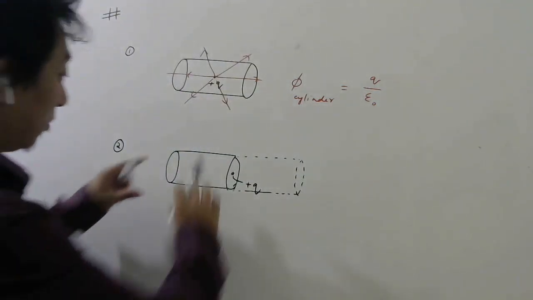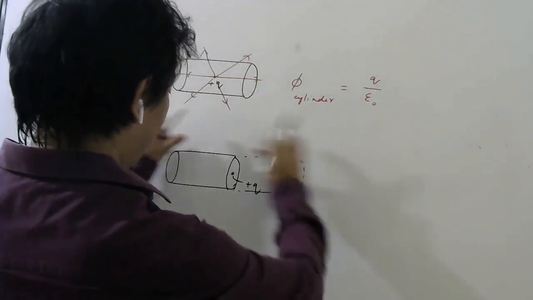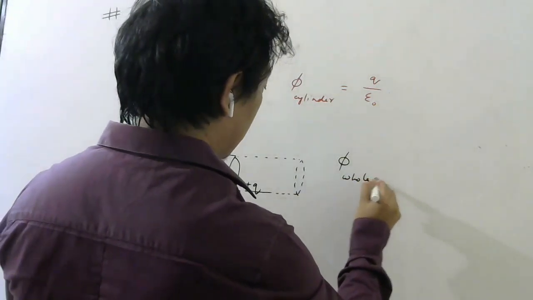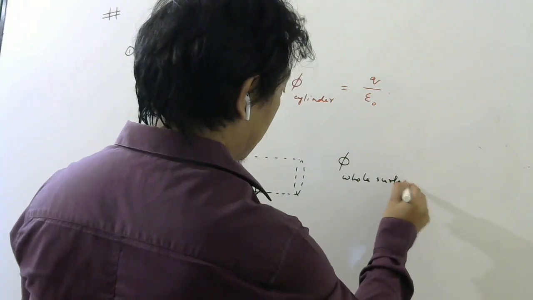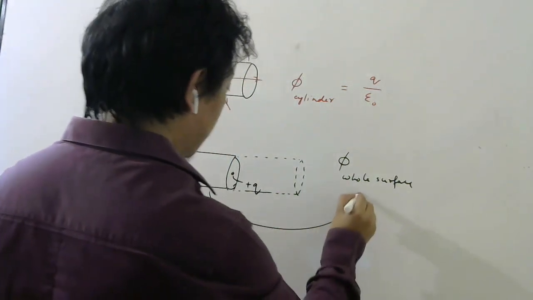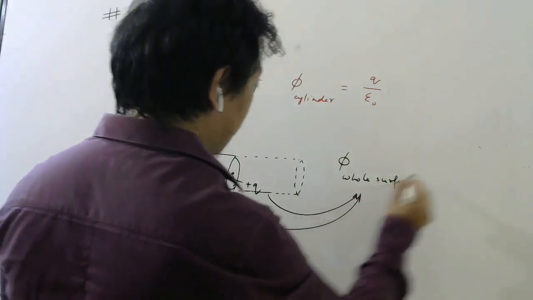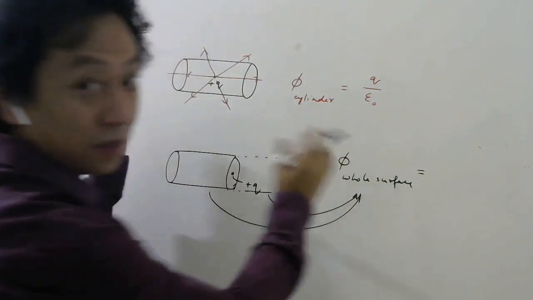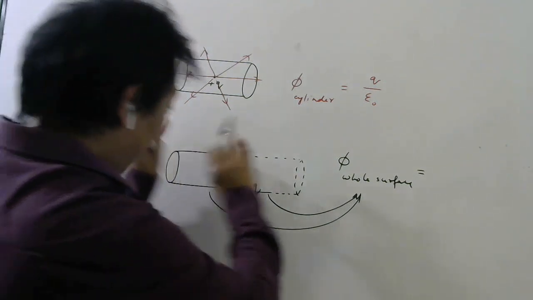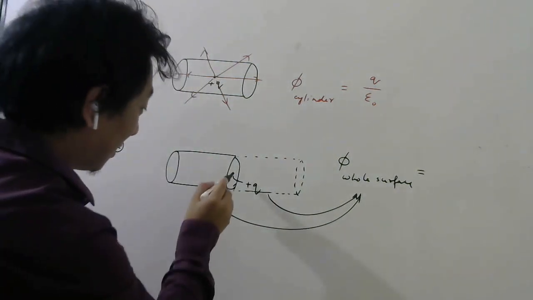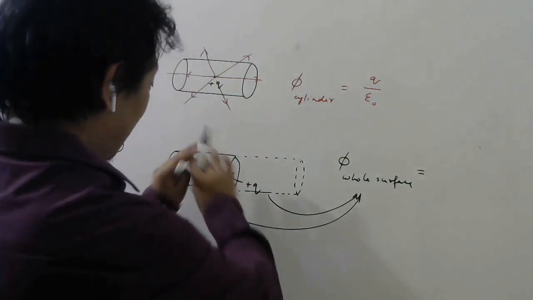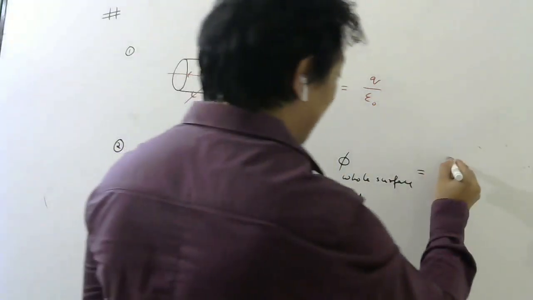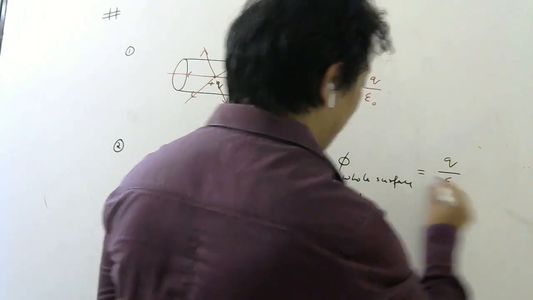Now if you look carefully, for this whole surface, when I say whole surface, I include this also and this also. That is also a closed surface, no? This whole thing, right? This is also a cylinder. But for that I can use Gauss law because the charge is inside. For this big cylinder, this charge is inside. So I can write charge inside divided by epsilon naught.